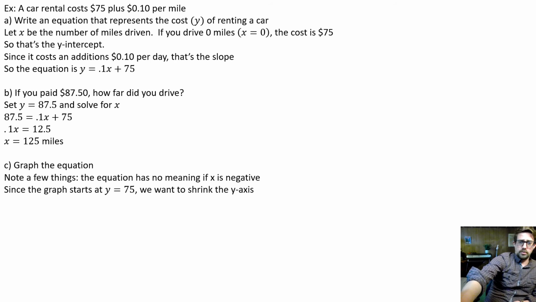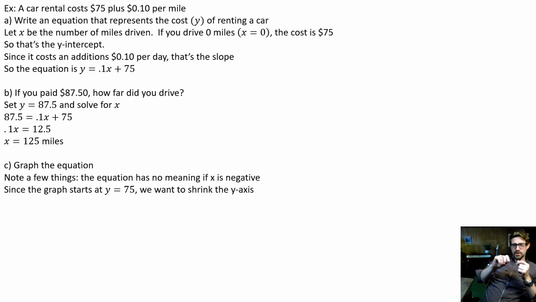So if we made x and y the same scale, we wouldn't really see the line until we got up to y equals 75, right? And we want to see miles that are less than 75. So we want to scale it. We want to shrink one of the axes.